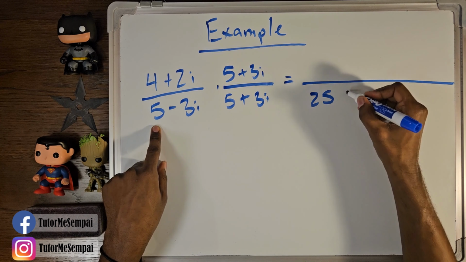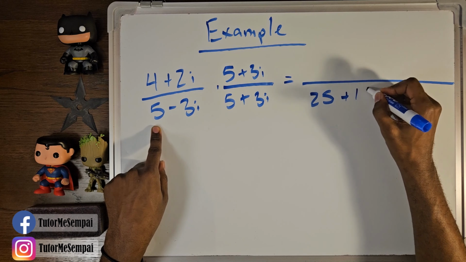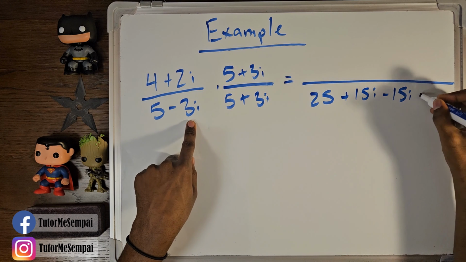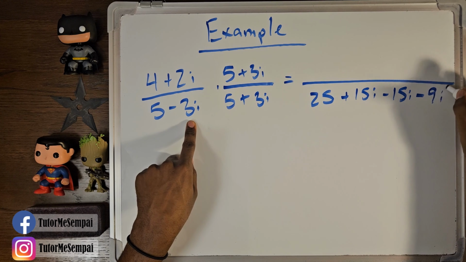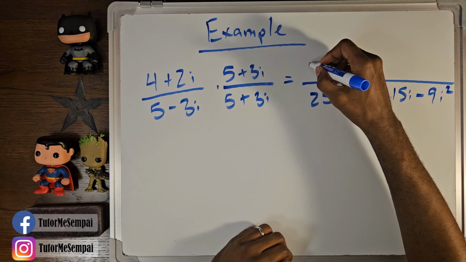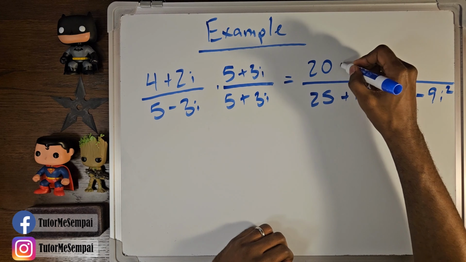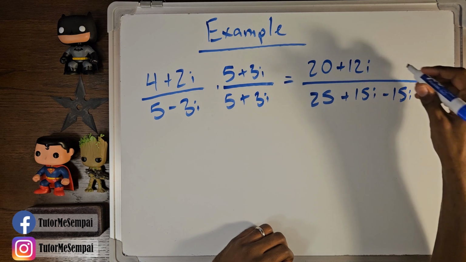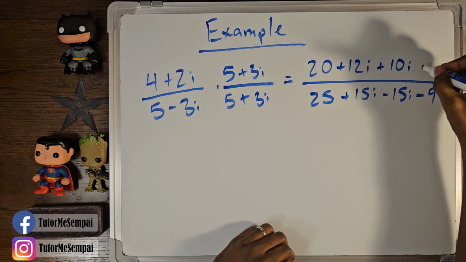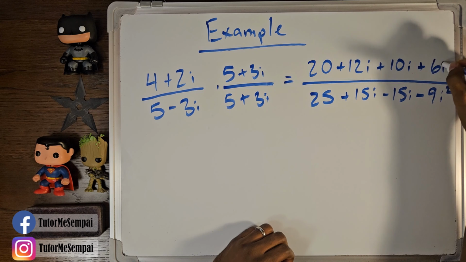We have a 5, so this is plus 15i minus 15i, and we have a minus 9i squared. So that's our denominator. How about our numerator? Well, we have a 20, plus 12i, plus 10i, plus 6i squared.